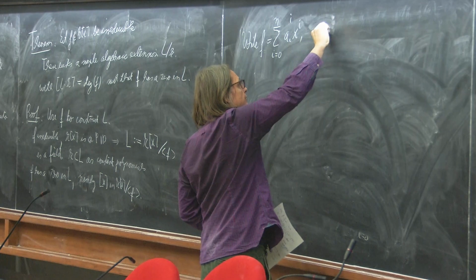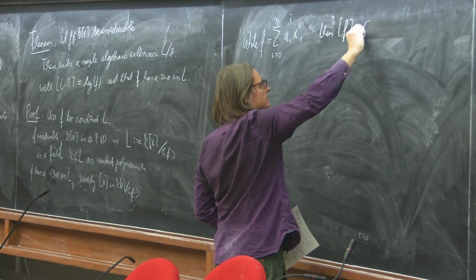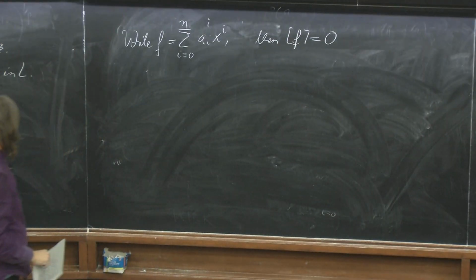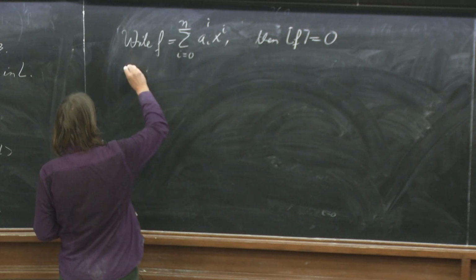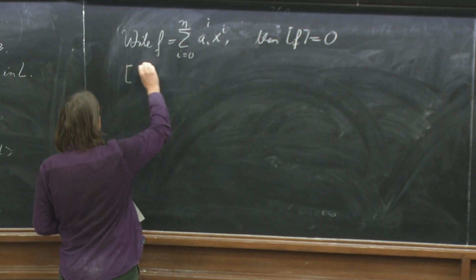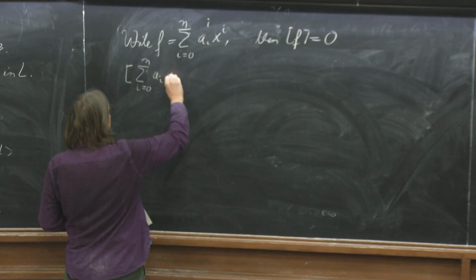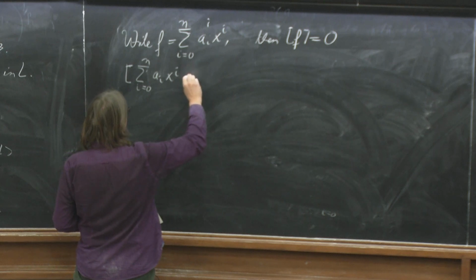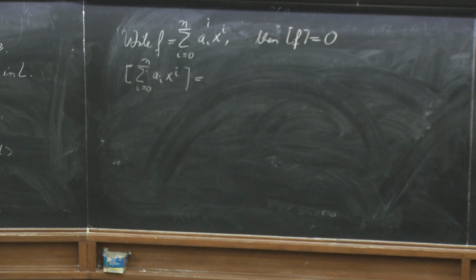Then we know the class of F is 0, because we have divided by F. So what does it mean? The class of F is the sum, i equals 0 to n, of a_i x to the i.